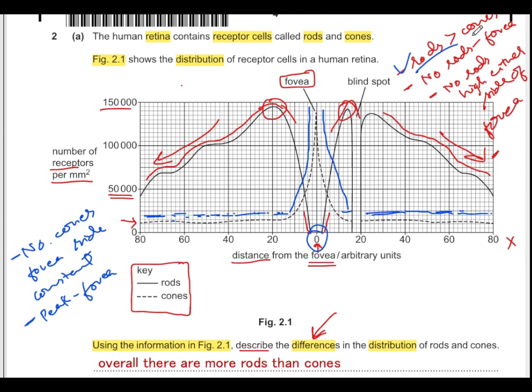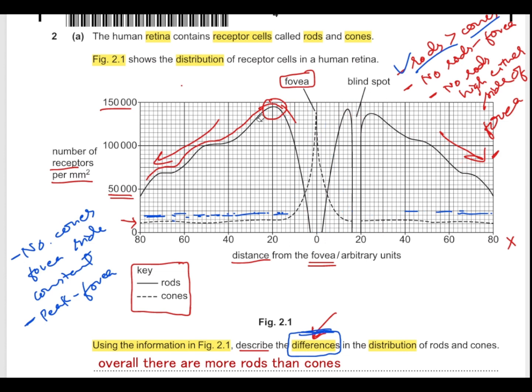Now this question is about the differences. If it was not about the differences, there is one very good observation we could have written here, which is this blind spot, where we don't have cones or rods.